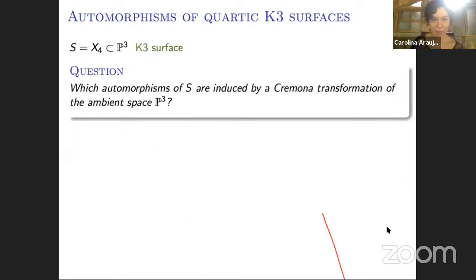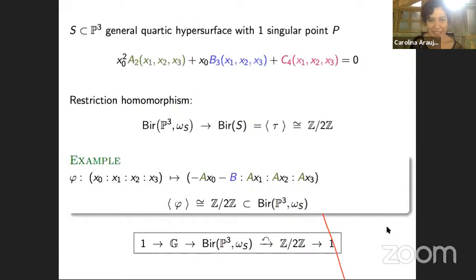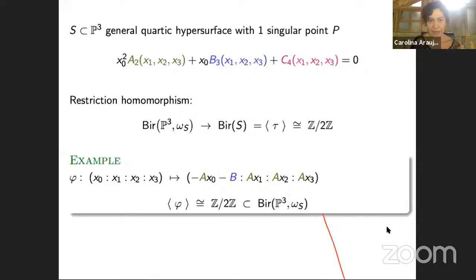If I put some slides back, you will see that here I use the birational group of S and not the automorphism group of S. And the reason is the following. In this specific case, when I have this tau, this birational map is not an automorphism of S because S is singular.